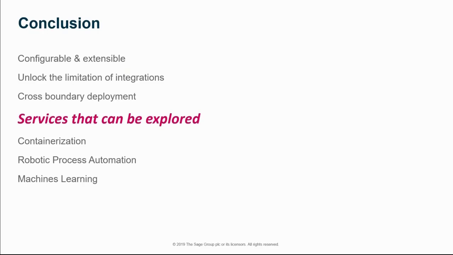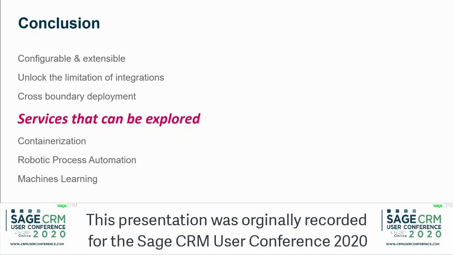Integration with robotic process automation handles repetitive tasks, and machine learning can improve and optimize such repetitive administrative work. In return, it automates and streamlines the whole business process. This will widen the usage of Sage CRM beyond a typical CRM.